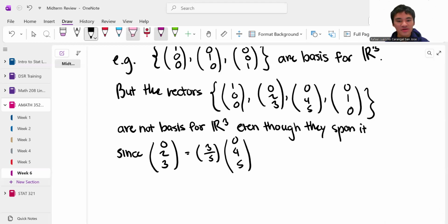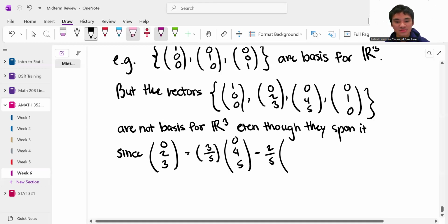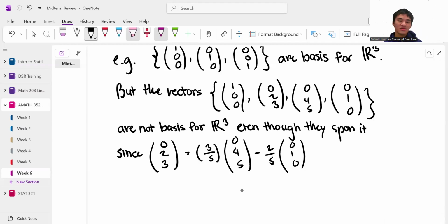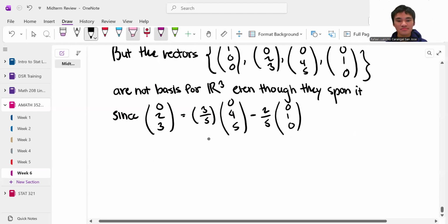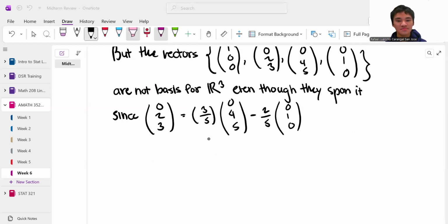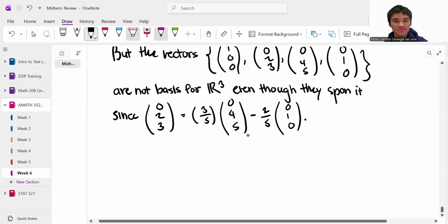And remember, if we can write one of them as a linear combination of the others, what does that mean? That means it's a dependent set of vectors. Finally, I love that word.